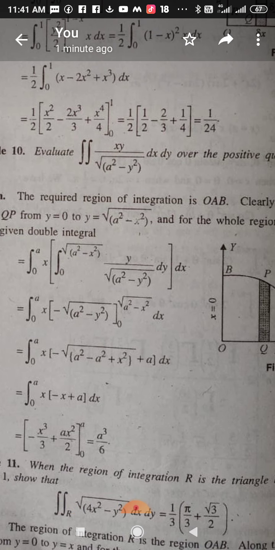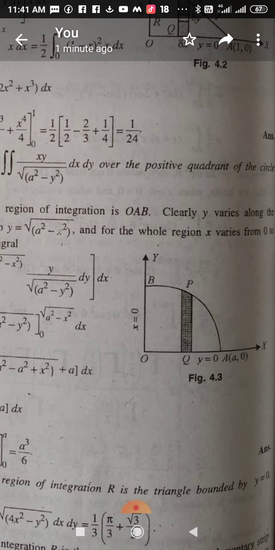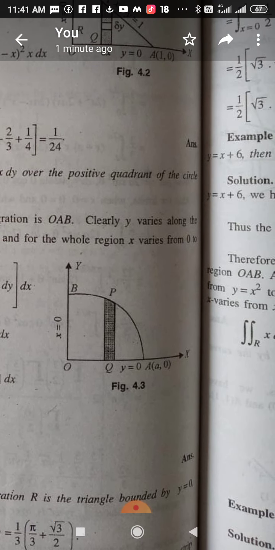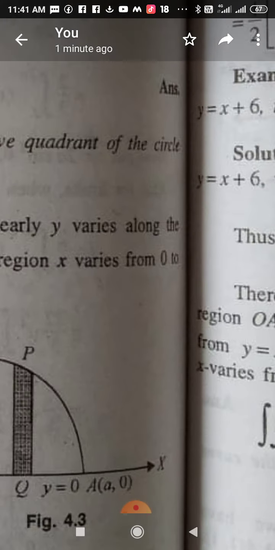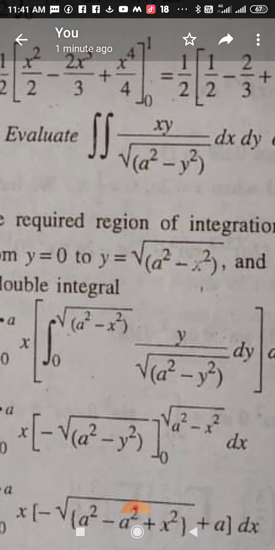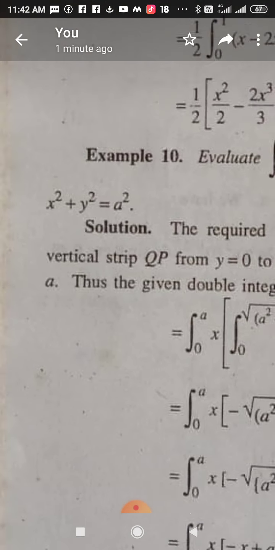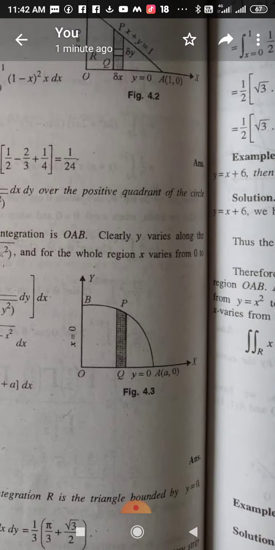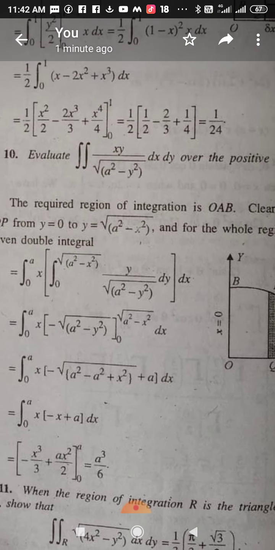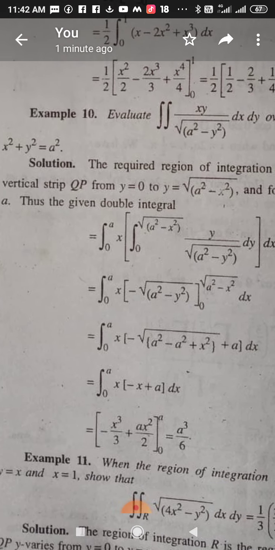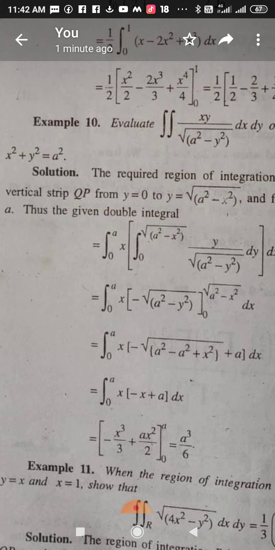Second problem is to evaluate xy upon under root a square minus y square dx dy over the positive quadrant of the circle x square plus y square equals a square. So we have to draw the circle x square plus y square equals a square.